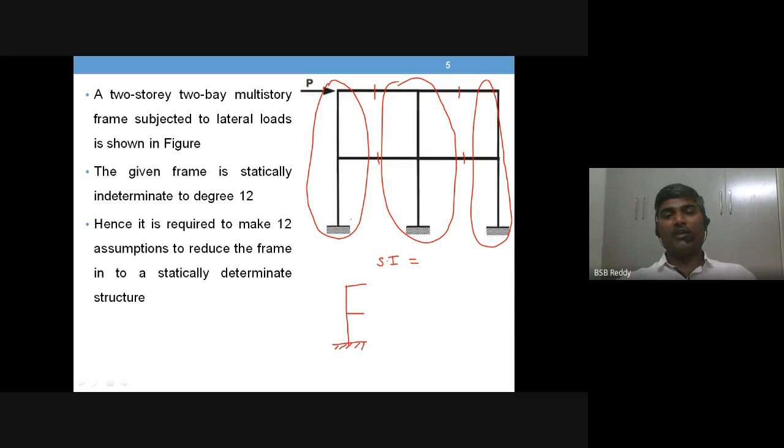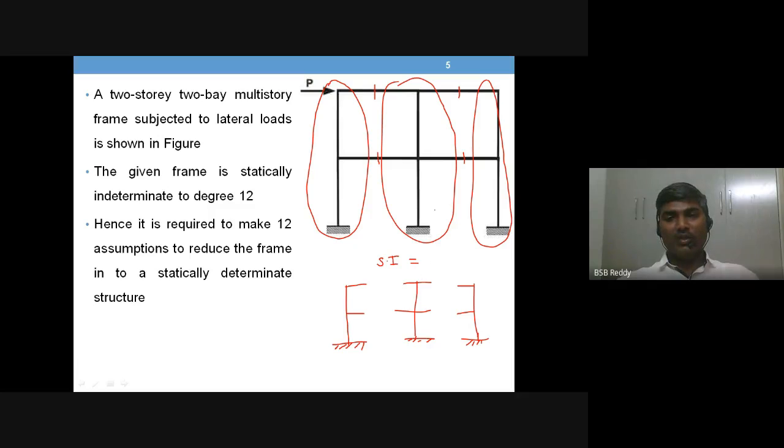So there are three cantilevers that you obtain by making a suitable minimum number of cuts. This is how the frame is made into determinate structures. All the three that you observe here are determinate structures.